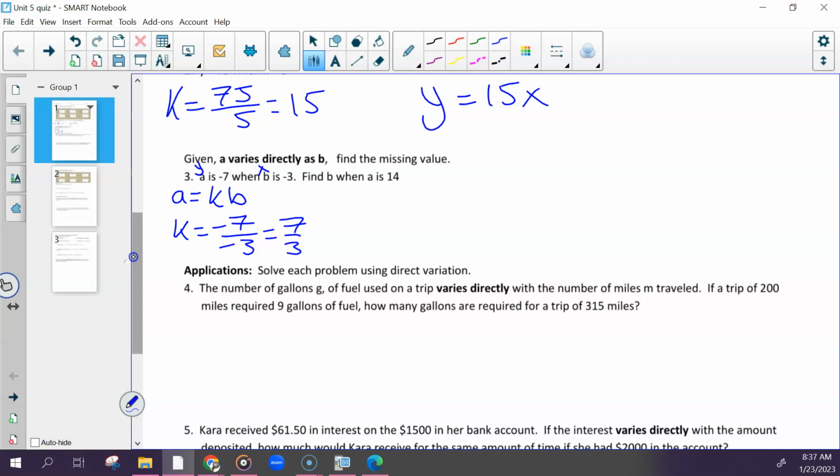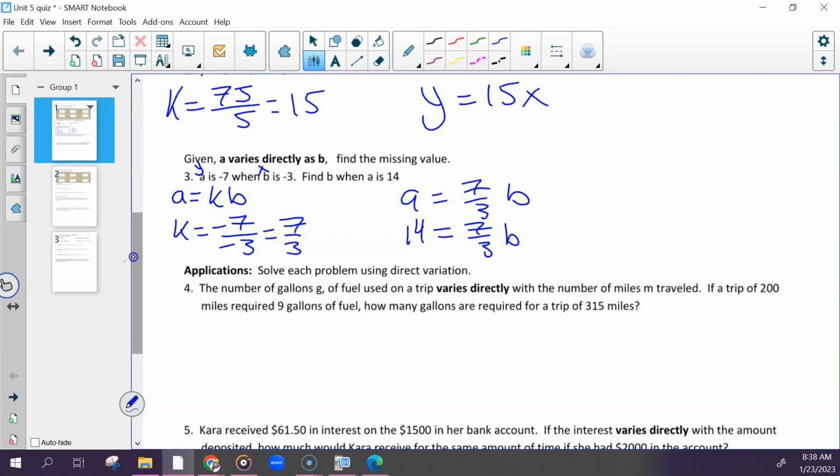So then in your equation, you have a equals 7 over 3b. You are looking for b when a is 14. Some of you switch those. So you would need to do one of the following. Either divide both sides by 7/3, doesn't look nice, or take 7/3 and flip it and multiply it on both sides.